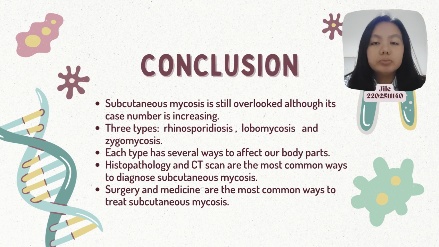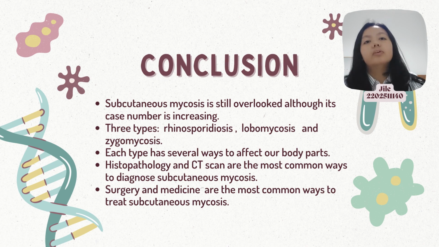For instance, rhinosporidiosis has a soft tissue mass appearing from our nasal or oral cavity. Lobomycosis has nodules appearing on the limbs and ears, which appear years after the trauma, while zygomycosis also varies. For instance, it mainly affects our nasal area, and there is also sinusitis, and there are also lumps on our arms and legs.